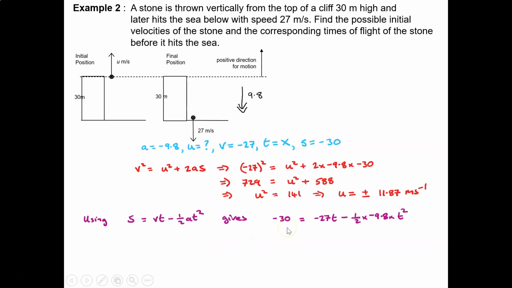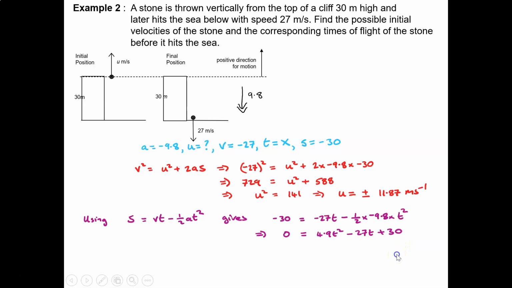So that gives us minus 30 is minus 27t minus a half minus 9.8 t squared. We've got a quadratic in t again. So plus minus and a minus is plus 4.9 t squared minus 27t plus 30.